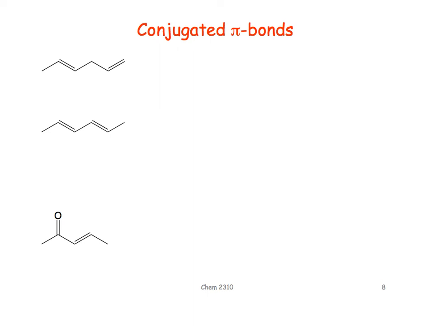Because there's an sp3 hybridized atom in between those two. There's no p orbital there. So this one has no resonance between those two. And this would be called isolated double bonds, or isolated pi bonds. No resonance.